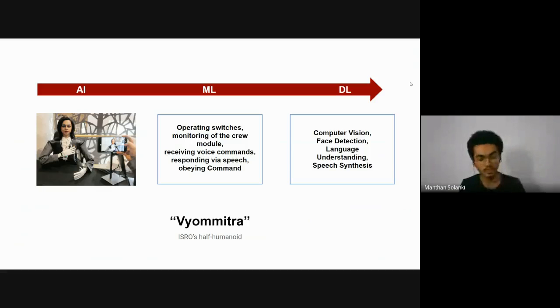They use Vyomitra for our first human spaceflight, Gaganyaan. Before they send our astronauts to space, they first send Vyomitra, which helps to understand the crew modules, check the status of the flight, and see what changes we need to make. So this is the idea and an example of AI.